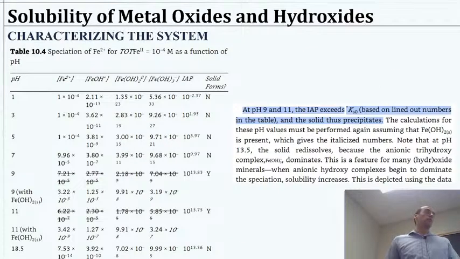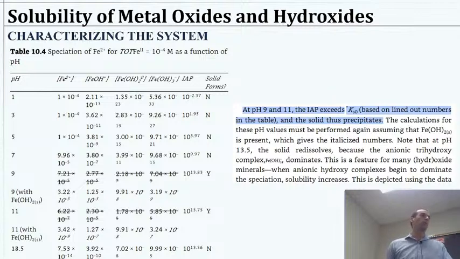If we were to do that and set up a table, this is what it would look like. In this case, we scan from pH 1 and go up by 2 all the way up to 11, and then we jump up to 13.5. One thing we'll notice is the book has a few numbers struck through, and that's because at these pHs we were actually exceeding our solubility product; the ion activity product, IAP, was greater.